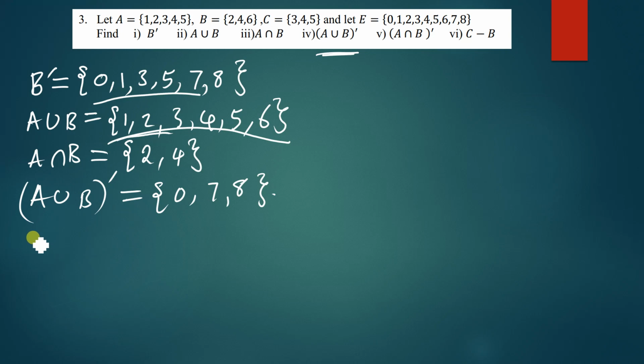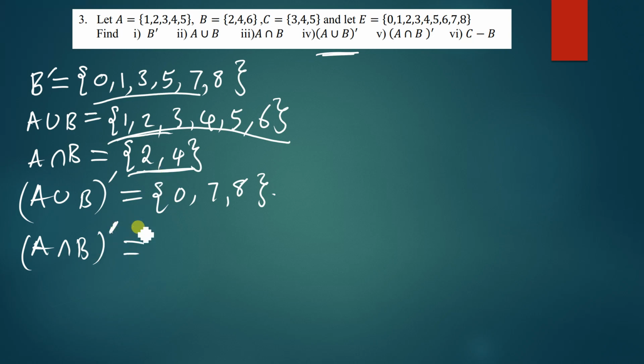We move on to A intersection B complement. We are going to list the elements that are in the universal set, but they are not in A intersection B. In other words, we list the universal set excluding these elements there.